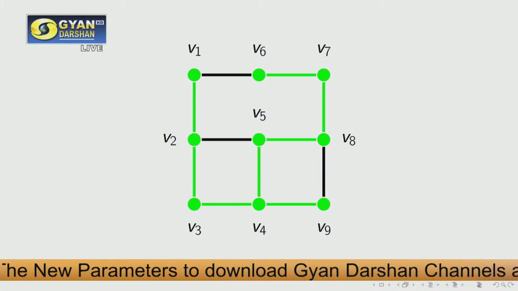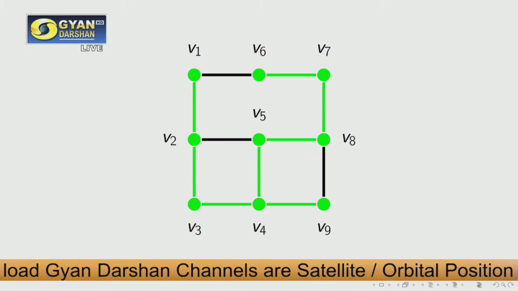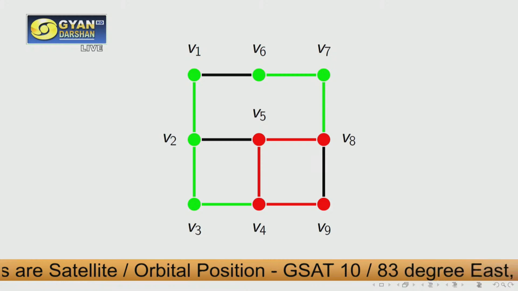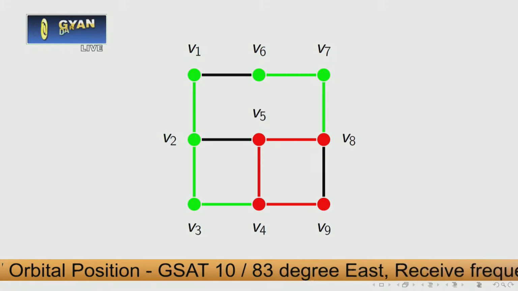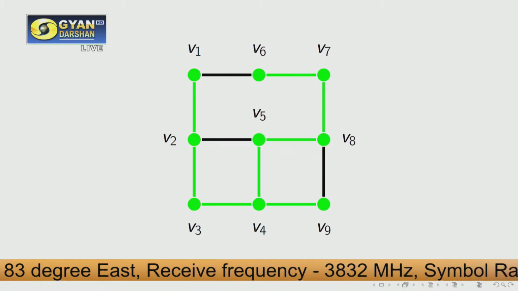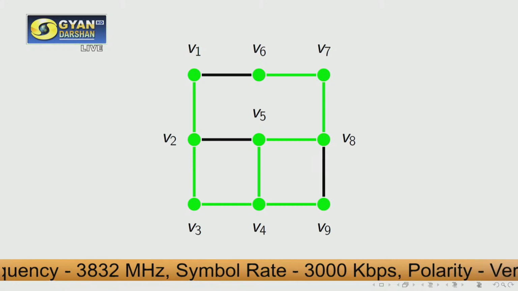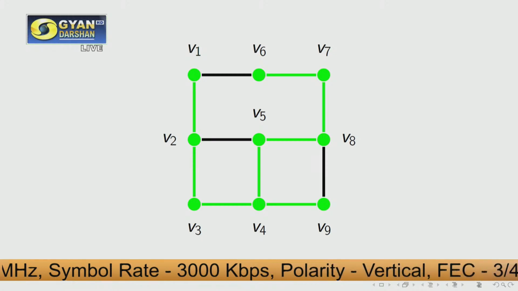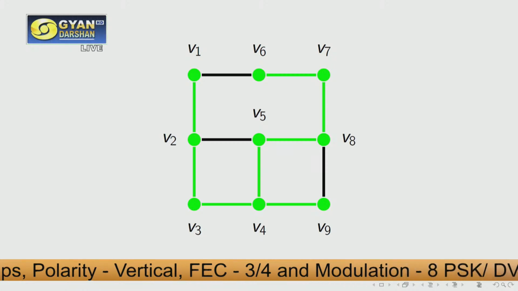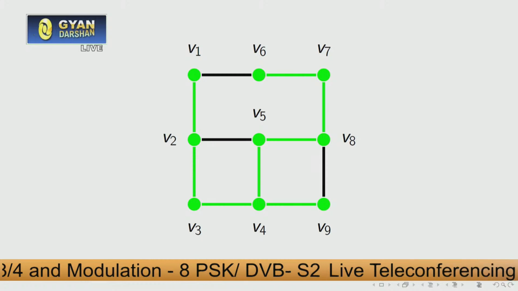Similarly, you can find the fundamental cycle of V8, V9, and it is constructed by the path V8, V5, V4, V9 along with this edge V8, V9. Similarly, you can find the fundamental cycle of the edge V1, V6. For this edge, the fundamental cycle is constructed by the path that exists in the spanning tree from V1 to V6.